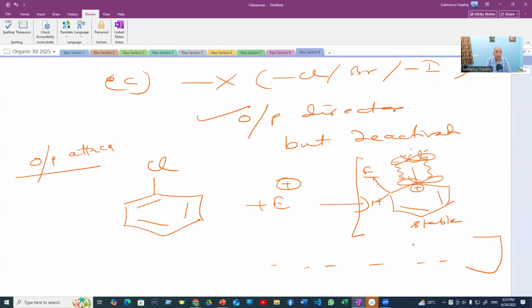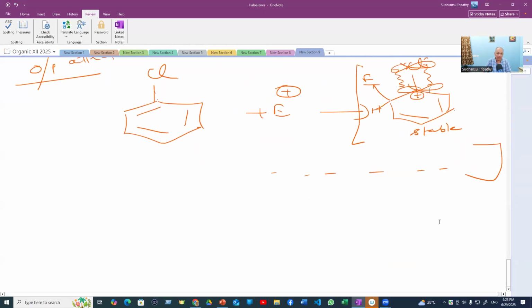I used to say a localized back bonding. It's not a total ring delocalization, the lone pair entering into the ring. No. The intermediate arenium ion is stabilized due to p-pi back bonding, back donation. That is why it is an ortho-para director. But since -I is the dominant effect, it is deactivating. We are not writing down the details now because I will be jumping into ArSN.